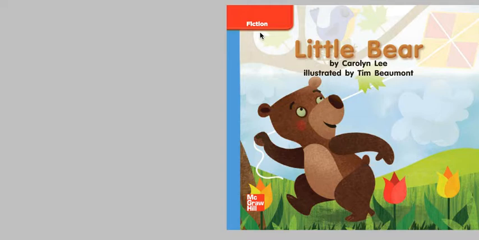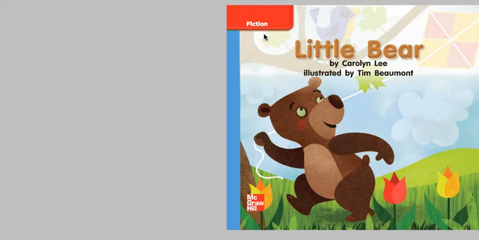But this story they have listed as a fiction book. But keep in mind, fantasy is a kind of fiction where things happen that could not happen in real life. So although it's listed as a fiction book, it's a fantasy book. Fantasy books, once again, are a kind of fiction where things happen that could not happen in real life.